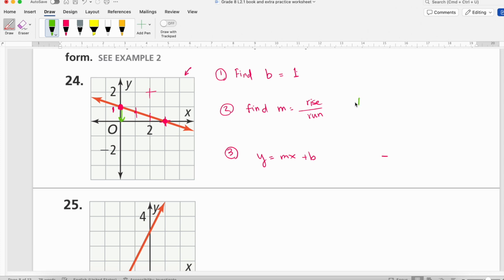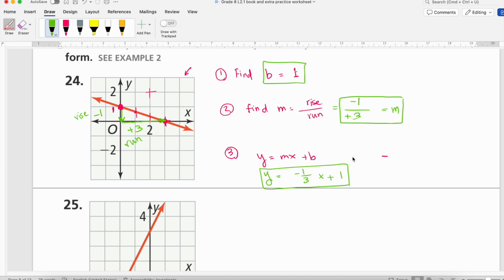So my rise is negative 1 because I'm going 1 down. And what's my run? 1, 2, 3. I'm running 3 to the right, so my run is positive 3. So m equals negative 1 over 3. I found m, and I found b. Now substitute in the equation: y equals negative 1 over 3 x plus 1. That's it. Let's do the next question.